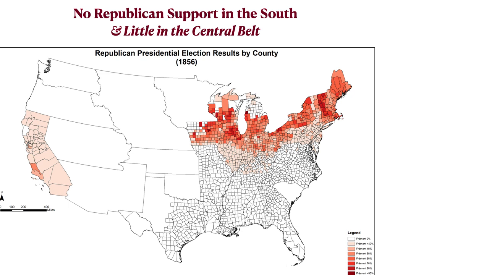And if we look at the Republican support, the support for John C. Fremont at the time, again, you could just see this very clear northern pattern, interrupted in New York by the Hudson Valley, which tended to be the old area of the Albany Regency of Martin Van Buren and the Democratic Party, so that is not a strongly Republican zone. But western New York, northern Ohio, and on across into the new states of Wisconsin and Iowa.